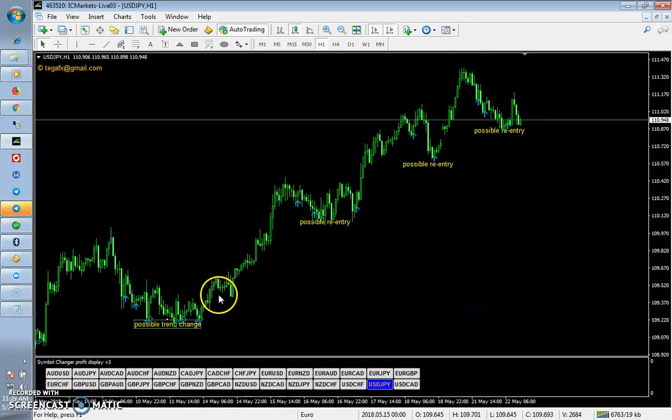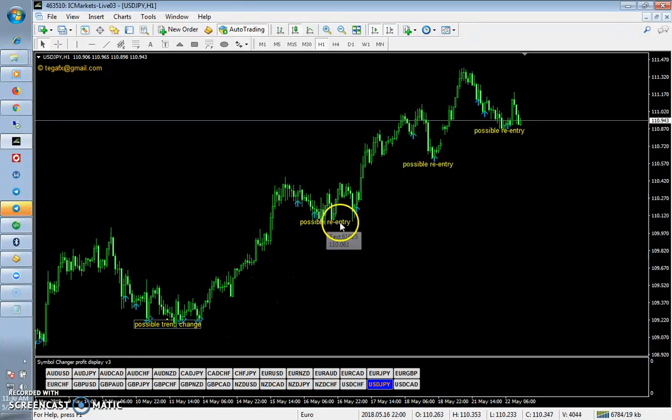This is what I mean. This curve arrow is telling us that there could be a possible trend change. You will see a text along with the signal. You see this word, possible trend change. When you see this, it's telling you that a trend is changing. Watch out.